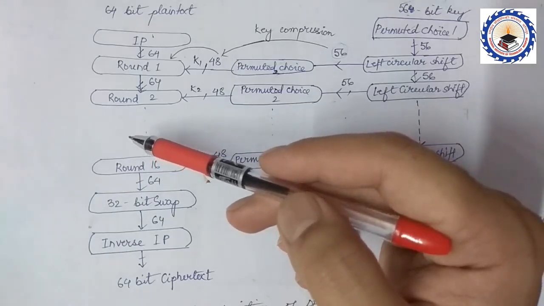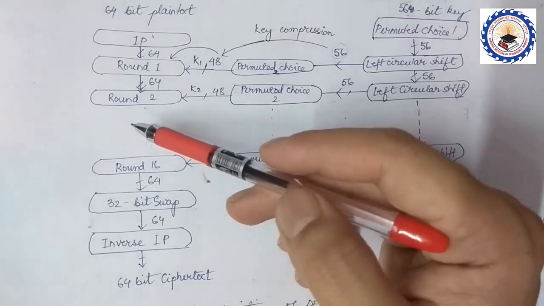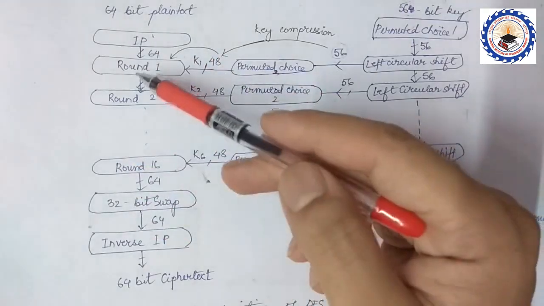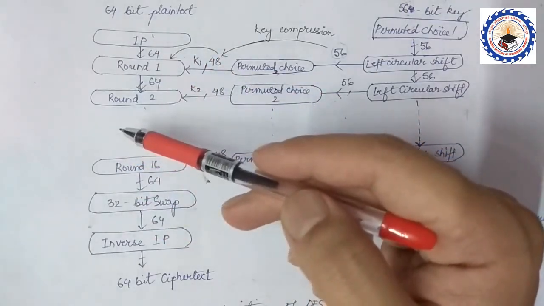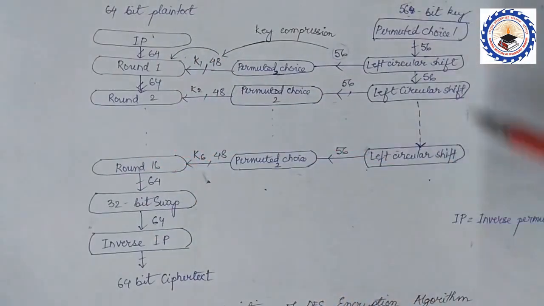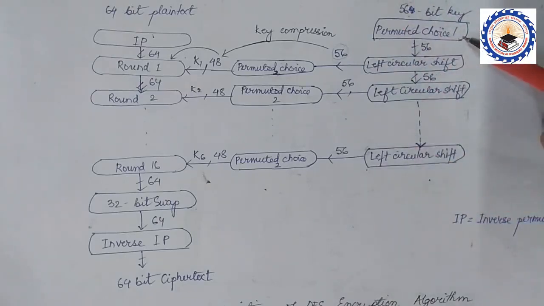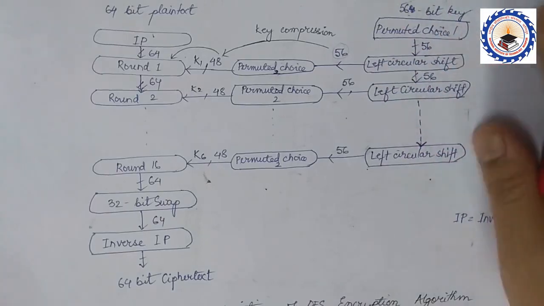Like what we studied in the Feistel structure, we have these rounds for encryption, and we also have the same 16 rounds for decryption. I told you that in the Feistel cipher structure there will be a key generator. This is the key generator step.